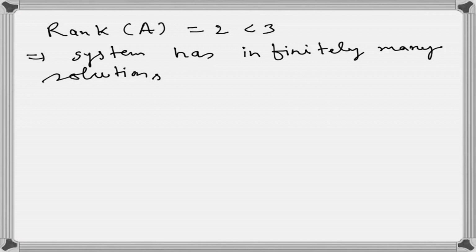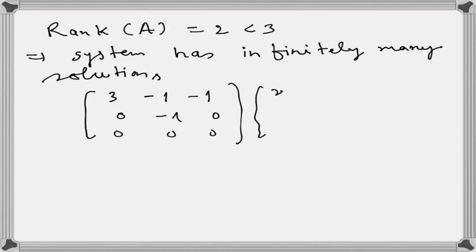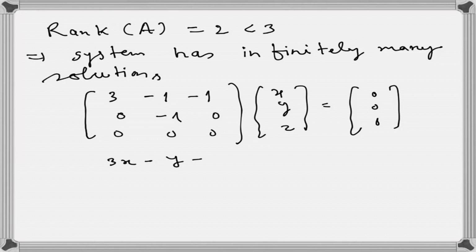Okay, so let's take the reduced system of equations. So what is that? 3 minus 1 minus 1, 0 minus 1 0, 0 0 0, and x y z equals 0 0 0. And this gives us 3x minus y minus z equals 0 and y equals 0.